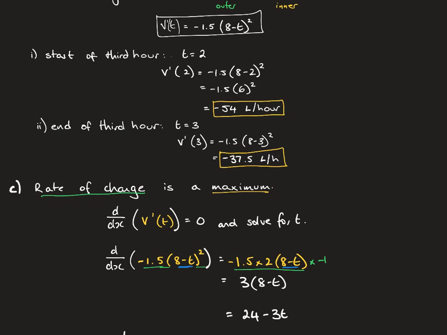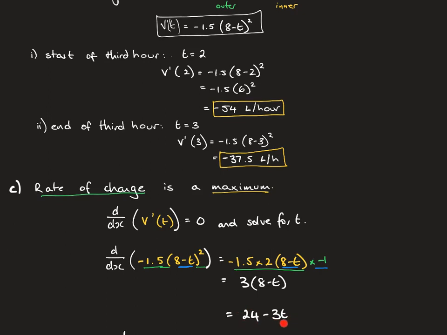We had a power of 2 here, so this will drop to a power of 1, which I've just left as not written there. Then multiply, of course, by the derivative of the inner function to give us minus 1. And so now we have a new formula for our rate of change of our rate of change.